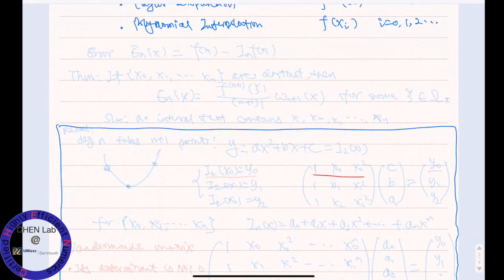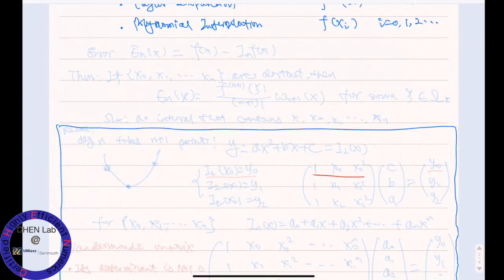If this guy is not a polynomial, there's no way this error is 0 everywhere. There's no way, right? You're going to get some error. And that's what the interpolation error means, the title of what I just wrote down. So we need to figure out the error when we use a polynomial to approximate a function that's not a polynomial. The first question is, what kind of error are you making?